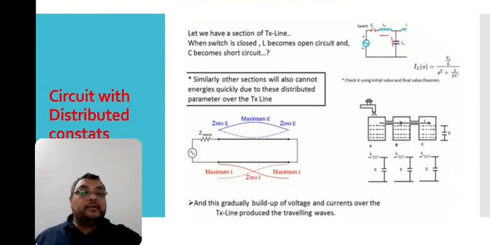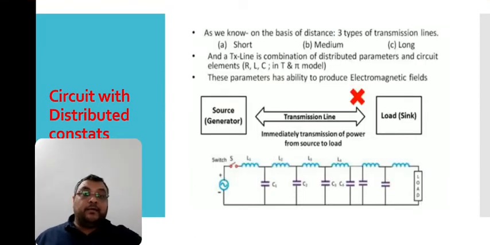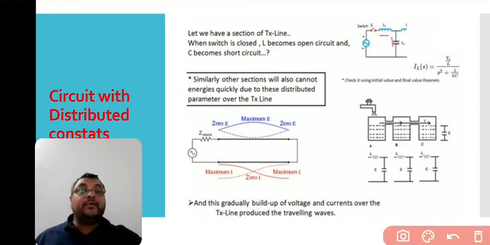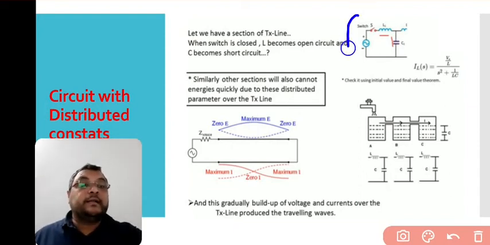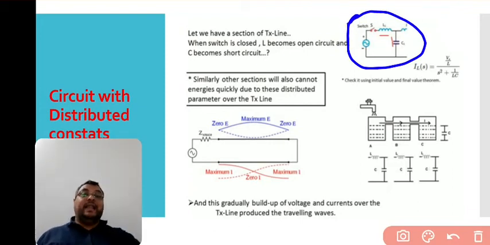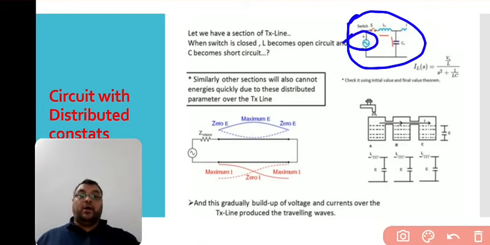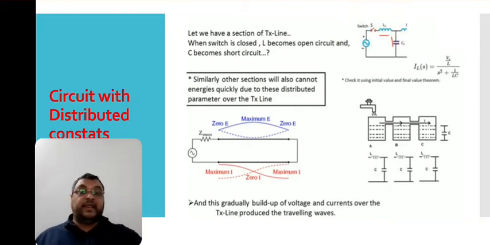We can understand it better with an example. Here we consider a section of transmission line which has an inductance and capacitance. When supply S is on, at that particular time L behaves like an open circuit and C behaves like a short circuit.